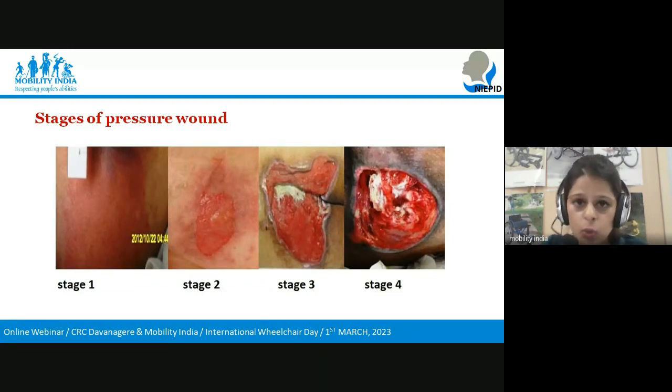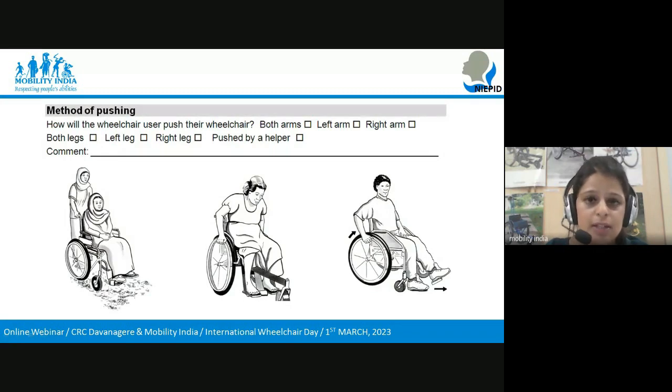In stage two, you can see blisters or a shallow wound. In stage three, there is a deeper wound, and all three layers of the skin are damaged. Stage four includes all three layers, with the wound reaching the muscles and bones. This is the worst stage of pressure sore, which can lead to infection as well as death of the individual.